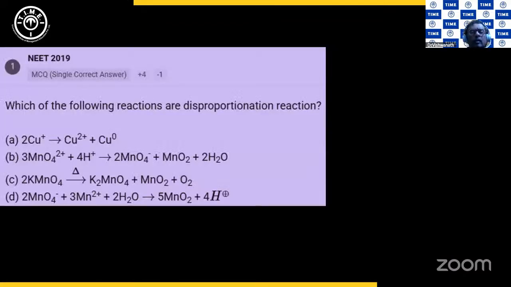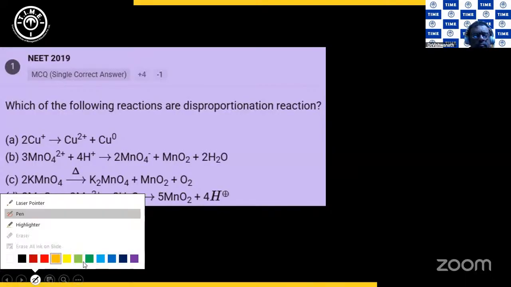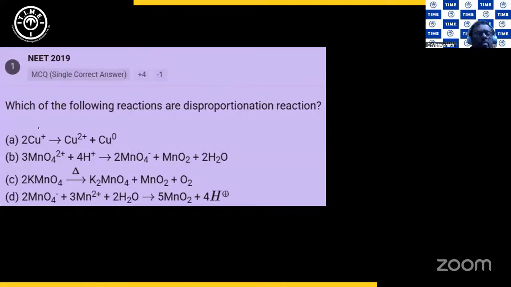Next, which of the following reactions are disproportionation? We know that this is +1 coming down to 0 and going up to +2, disproportionation. This is +6 going up to +7 coming down to +4, disproportionation.